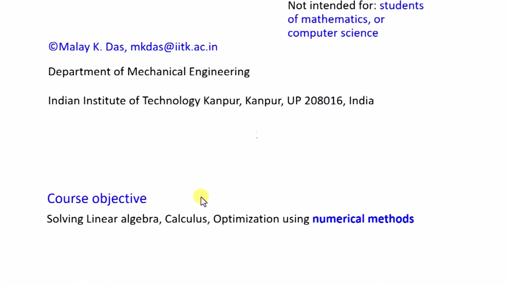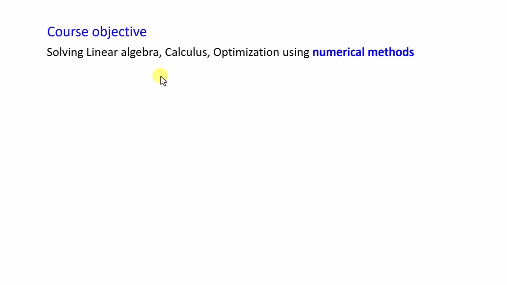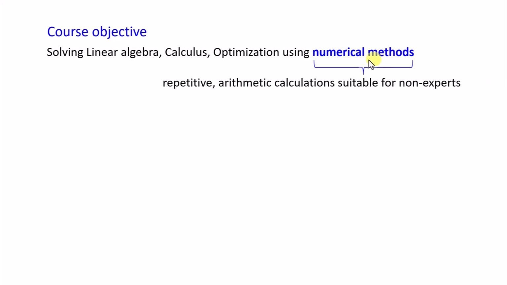In this course, we will solve problems of linear algebra, calculus, and optimization using numerical methods. This phrase numerical methods means that we will use repetitive, simple arithmetic calculations which are suitable for non-experts in mathematics to solve problems of linear algebra, calculus, and optimization.